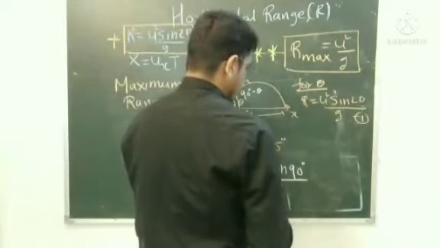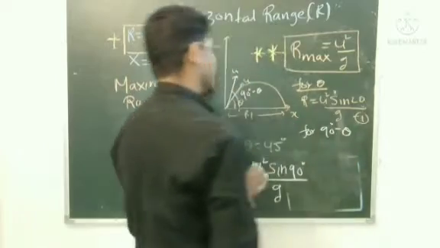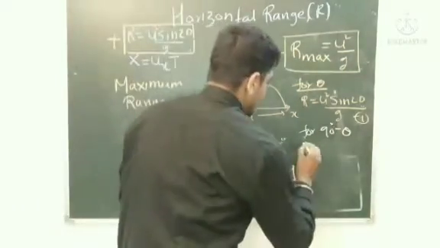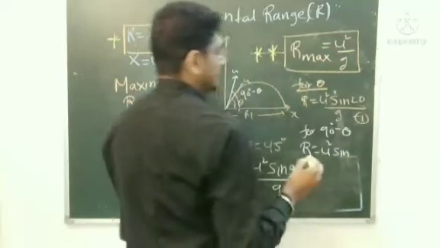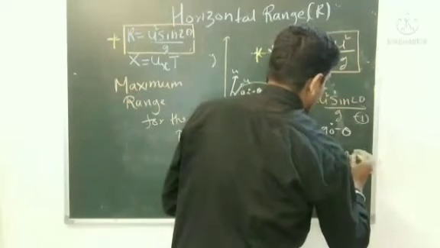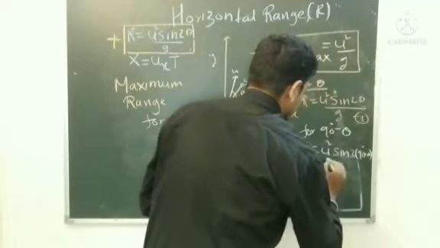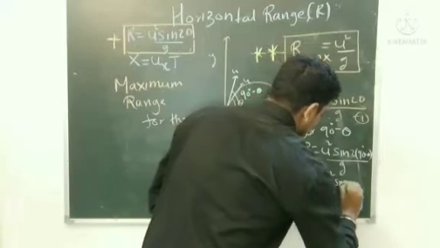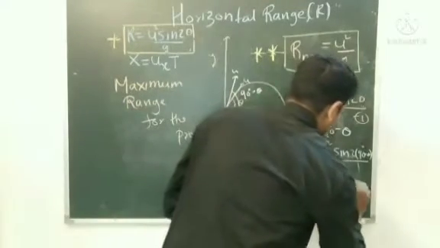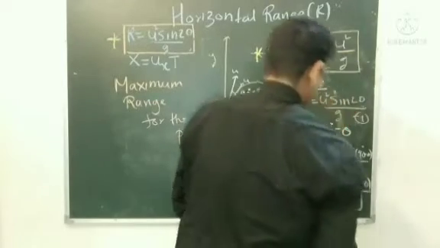When we put the angle 90 minus theta, the range becomes u square sin 2 into (90 minus theta) divided by g, that is R equals u square sin (180 minus 2 theta) divided by g.